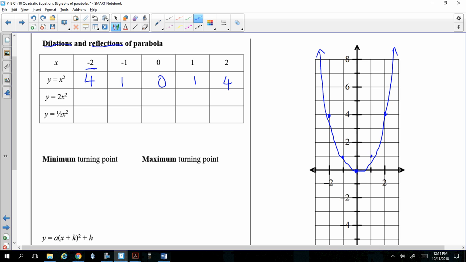Okay, so we'll draw this one, and then draw one with 2x squared, so you double the x value. And then you're going to draw this one, I'm going to do it in green, which is here, 2, 0, and 8.